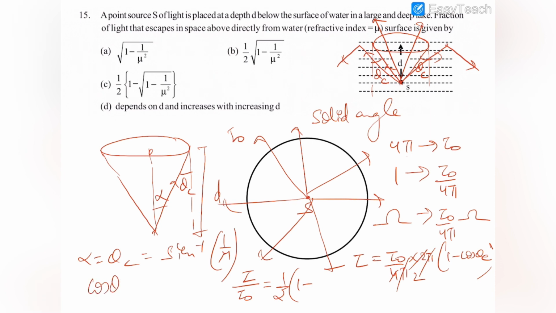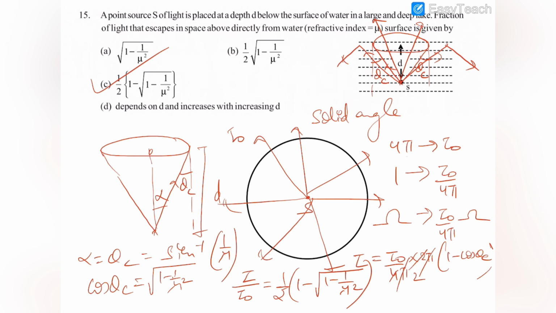If sin theta c is 1 by mu, then cos theta c would be under root of 1 minus 1 by mu square. So the correct answer would be option C.